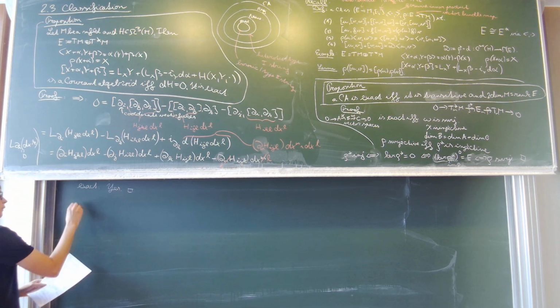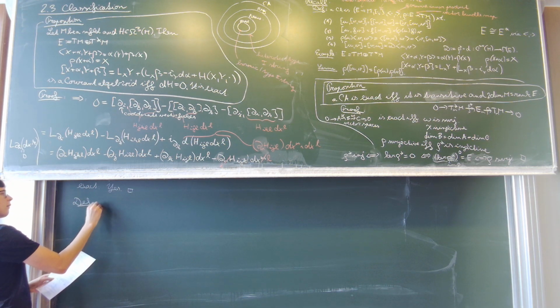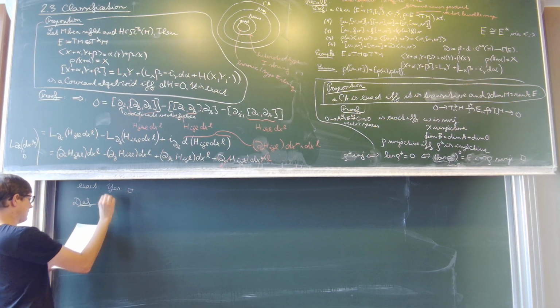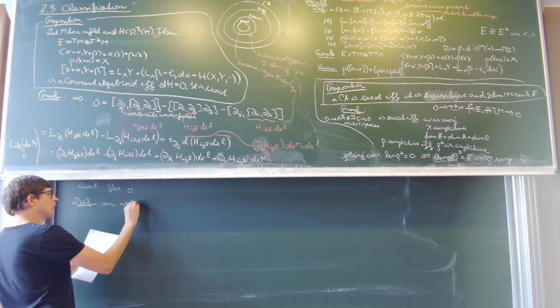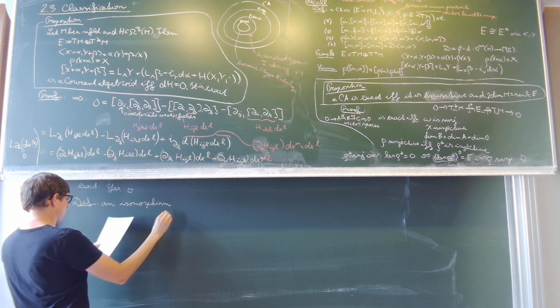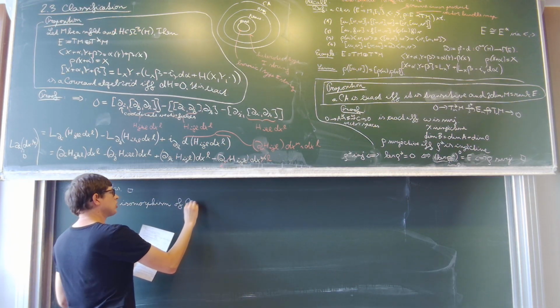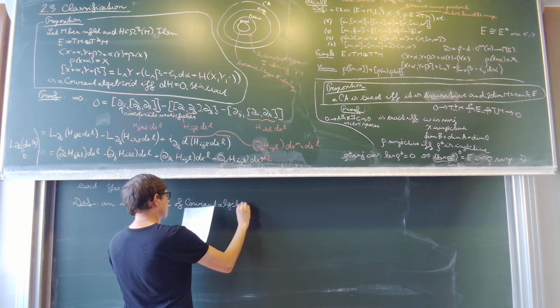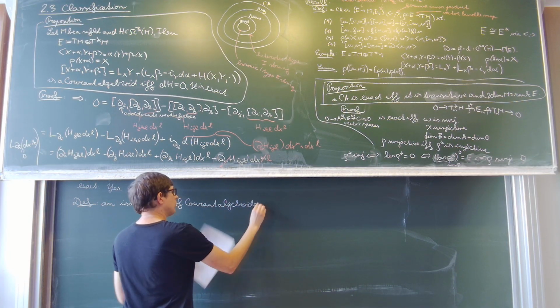Good. Now, in order to be a little bit more formal and maybe satisfy people who like morphisms, let's say an isomorphism of Courant algebroids.